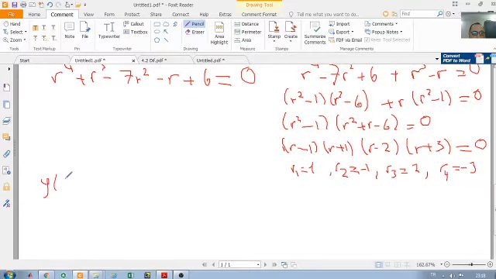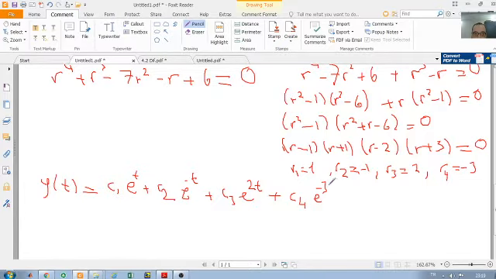Therefore the general solution is written as c1 times e to the power r1 t, which is e to the power t, plus c2 times e to the power minus t, c3 times e to the power 2t, and c4 times e to the power minus 3t.